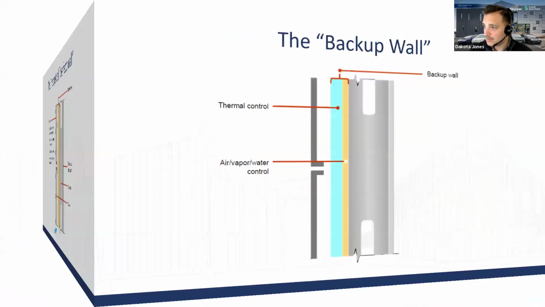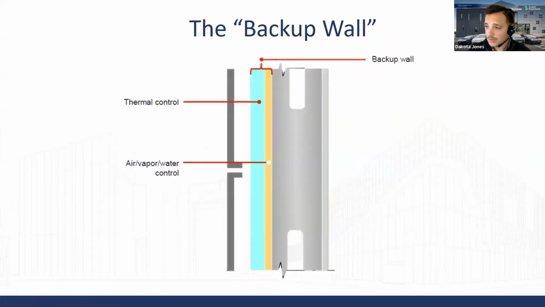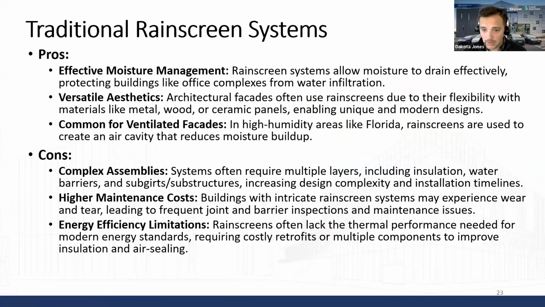That's where the magic happens. This is where our strategies are employed to make the perfect wall. All of our thermal controls, our air controls, our vapor and water controls are going to be back here, sitting protected from those exterior elements. This is why this is a wall that's going to last the test of time, has been proven to do so, and why we use it all the time today.